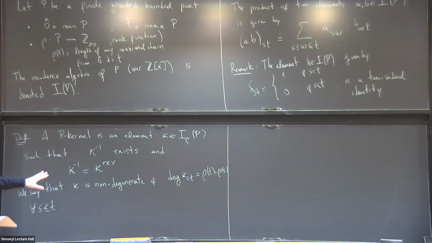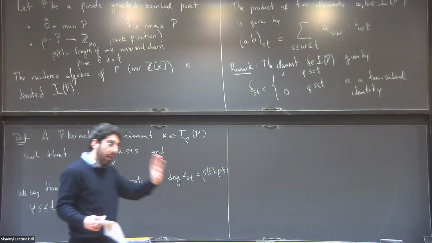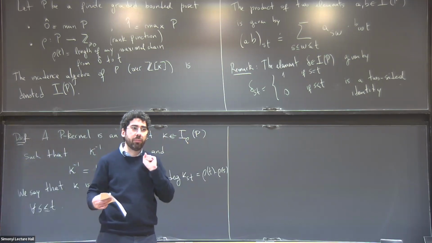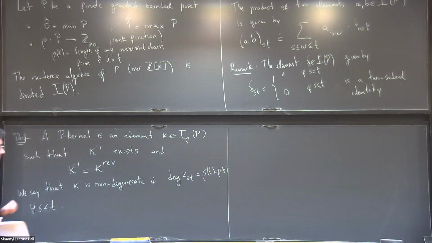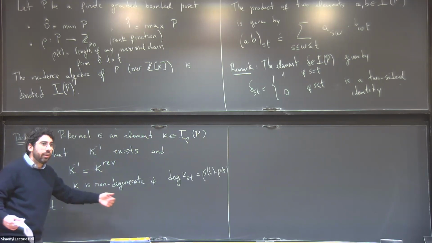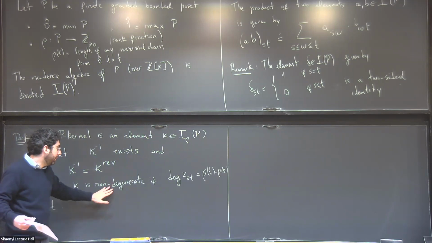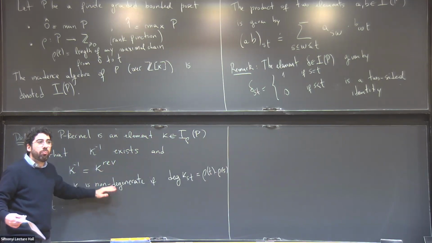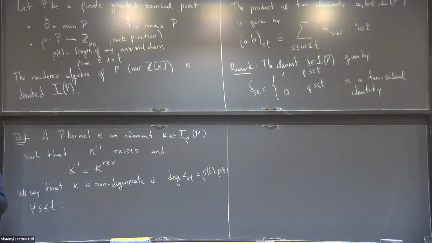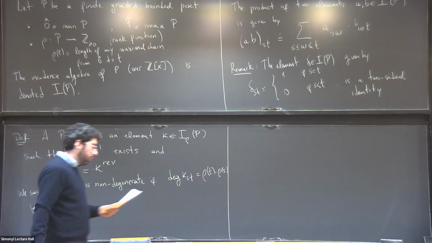So I will say that the kernel is non-degenerate if every single entry of my matrix kappa has the maximum possible degree. All that I'm going to say works for any kernel, but this will allow me to have statements that look more neat afterwards. So I will want to add this assumption sometimes.